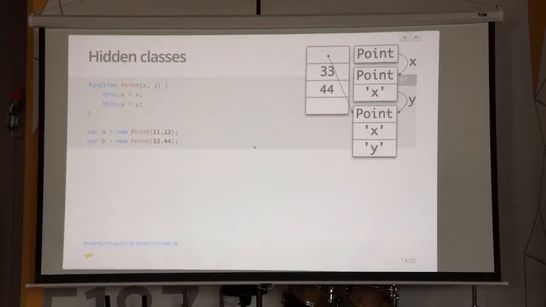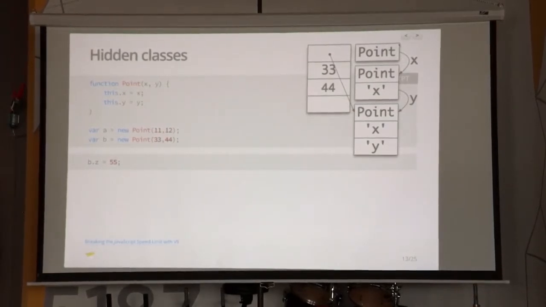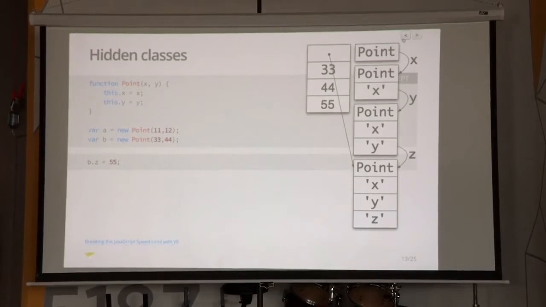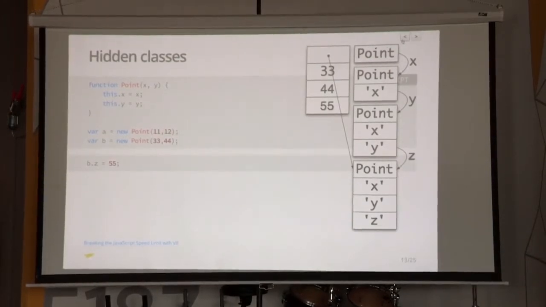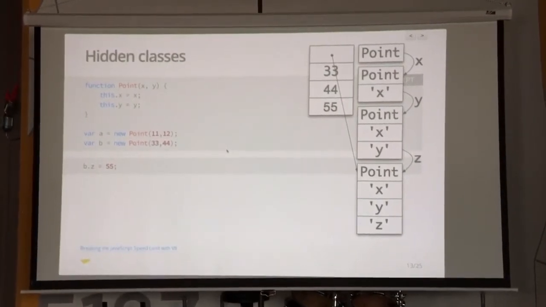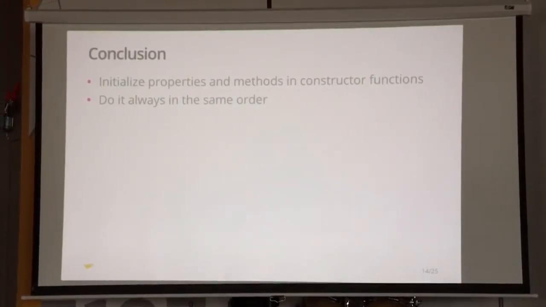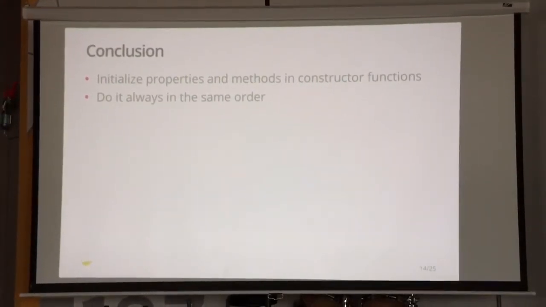But if you add an additional property later on, that makes it impossible to use the caching. There's a new list created, and then you lose the optimization you got before. So what you can take from it is that you always want to initialize properties in constructor methods, because it makes sense, and you always want to do it in the same order.